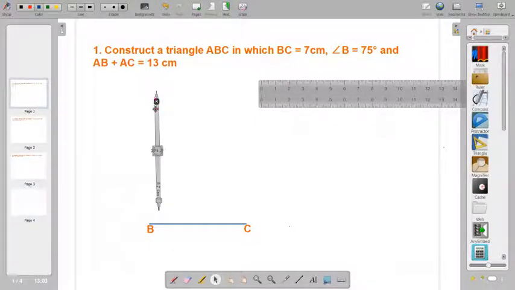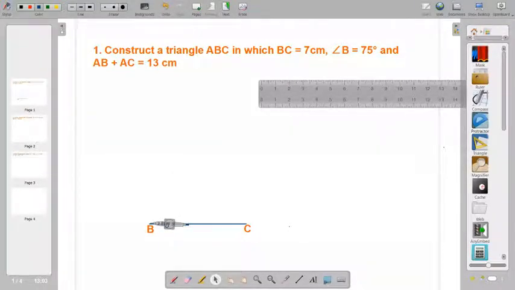So let me reduce the length of this compass according to my convenience. Here I am taking the needle on B. Now I am going to draw a semicircle arc.